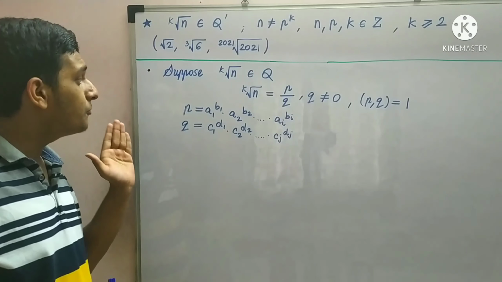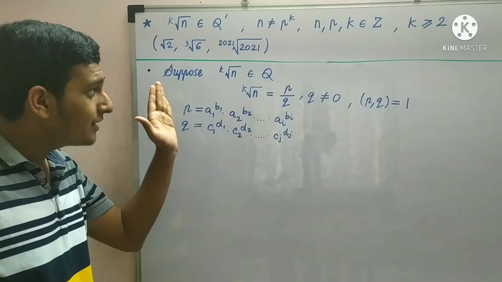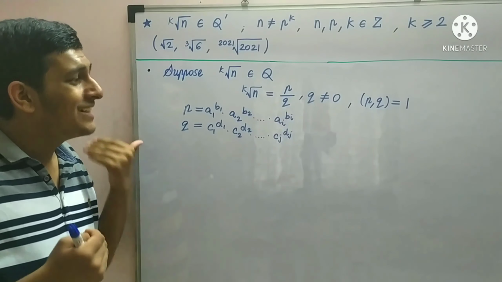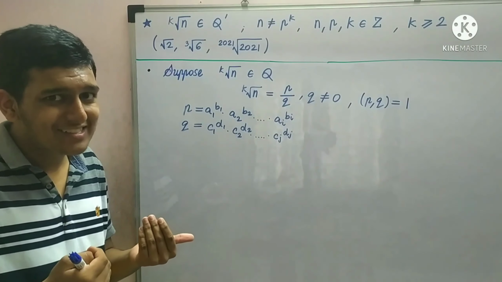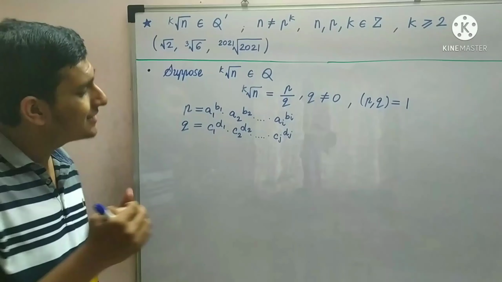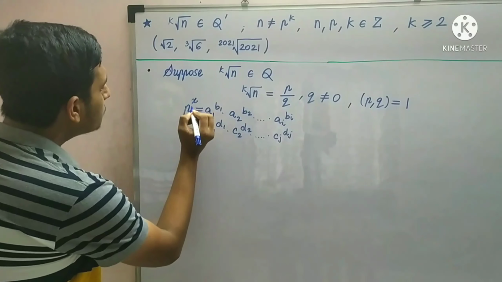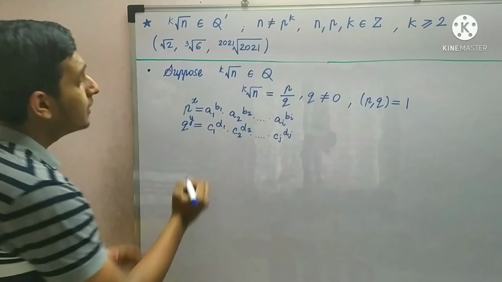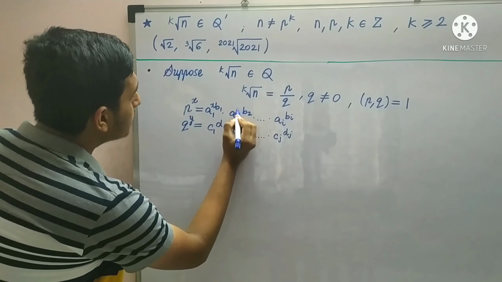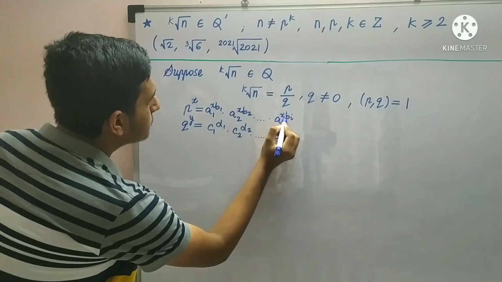This implies that we cannot find any factors that are common in p and q because they are co-prime integers. Even if we raise p to some integral power x and q to some integral power y, the only thing that changes is the exponent to which each of the prime factors is raised.